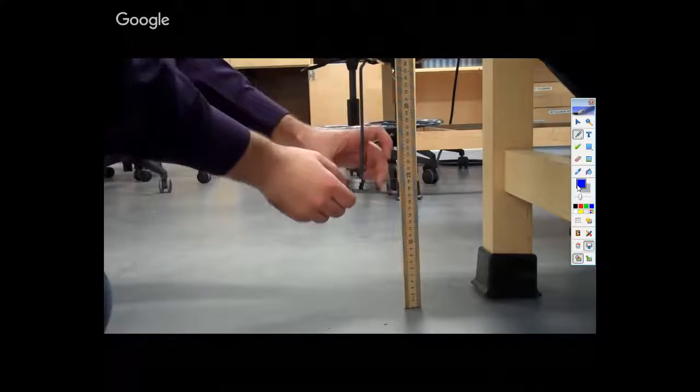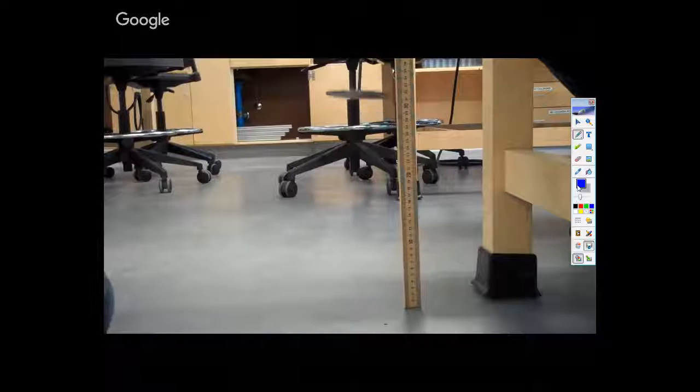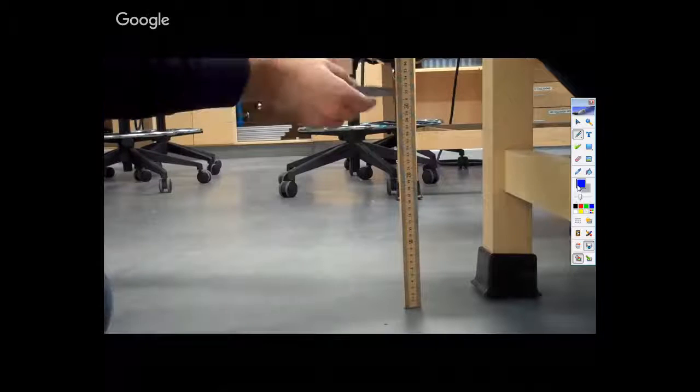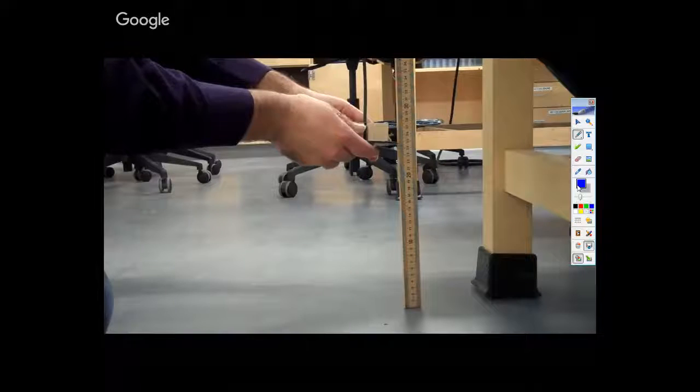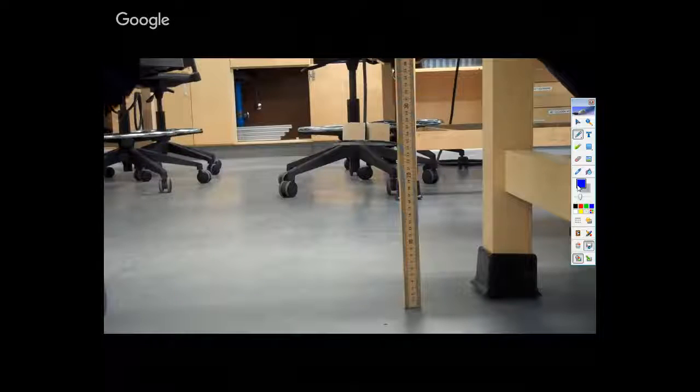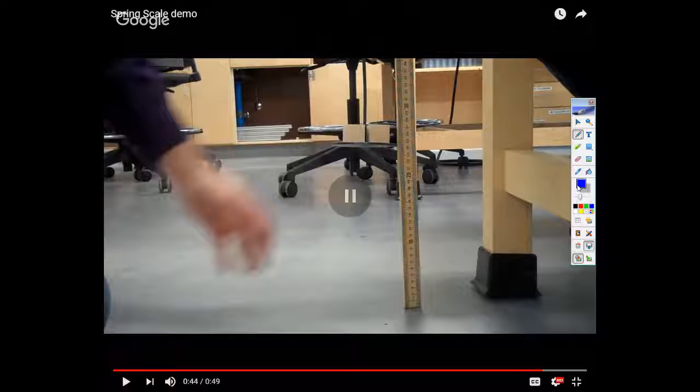Now we take off those weights and add a mystery block of wood, and it pulls down the spring to about 24.5 centimeters. Humans have been messing with springs for a long time, since we started playing with metal.